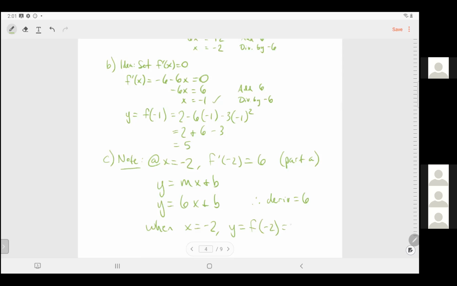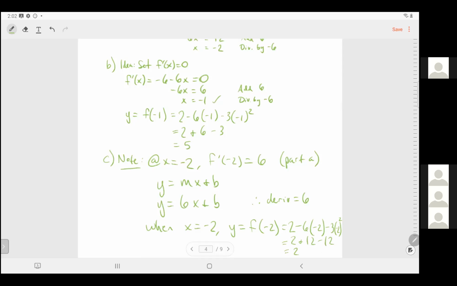I just have to start from scratch. Kind of ran out of room there. Okay, and that's 2 plus 12 minus 12. Okay, so I think that's just 2.